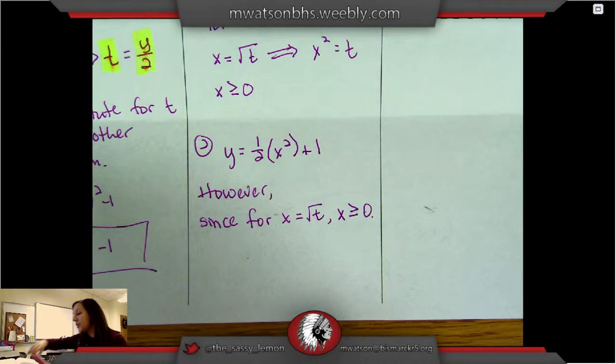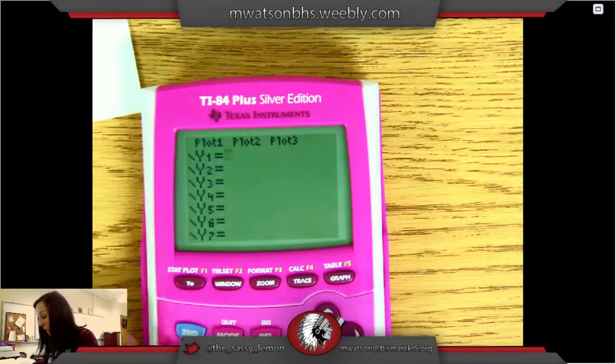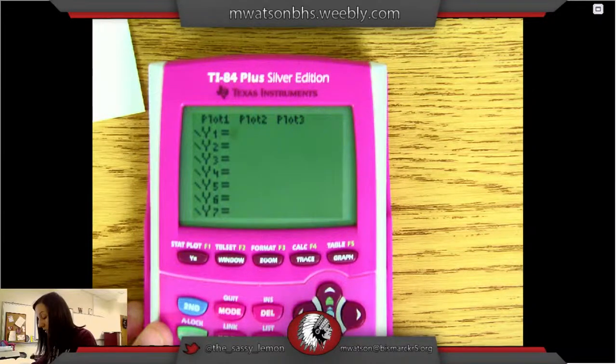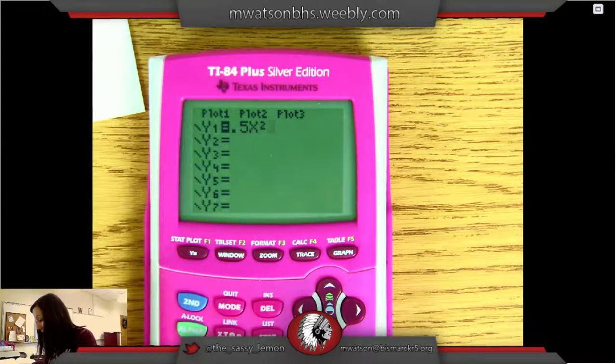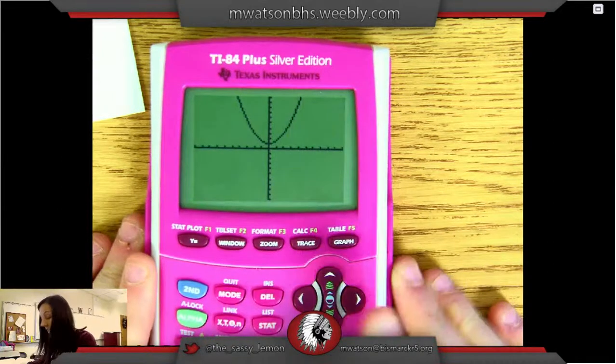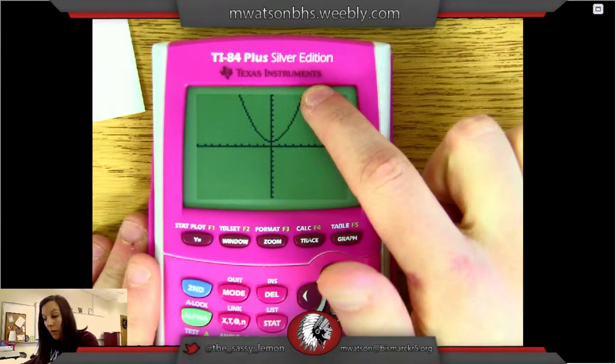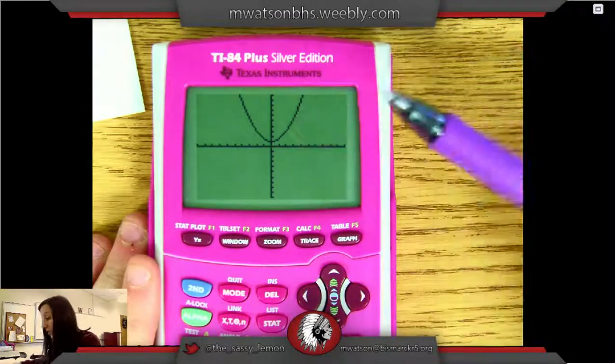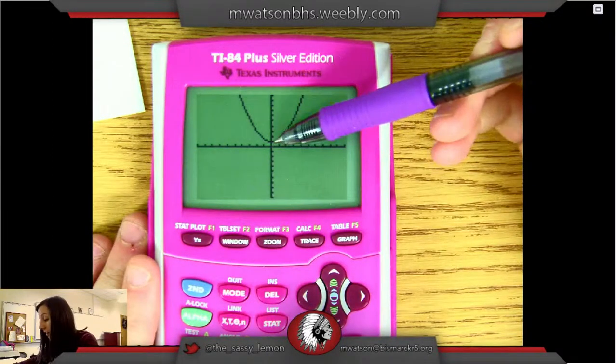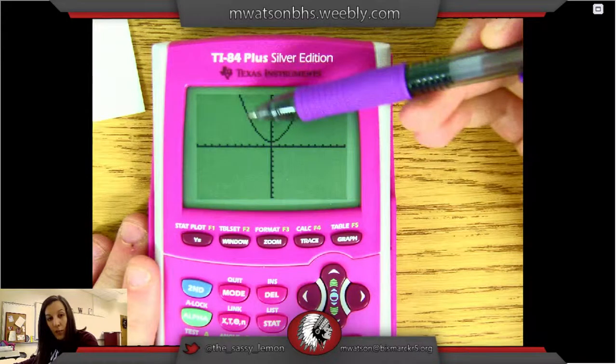So we've got our equation, 0.5x squared plus 1, and I graph it, and you can see here that it's a whole parabola. However, if we were to graph our parametric equations, this whole left side of the graph would not even exist.